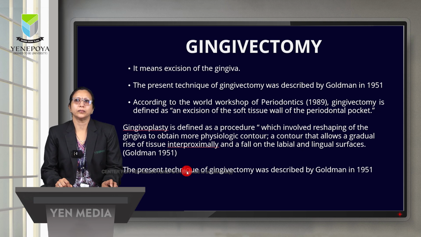Another term, gingivoplasty, is basically just the reshaping of the gingiva to obtain a more physiologic contour, a contour that will allow a gradual rise of tissue interproximally and a fall on the labial and the lingual surfaces. This was also described by Goldman in 1951.